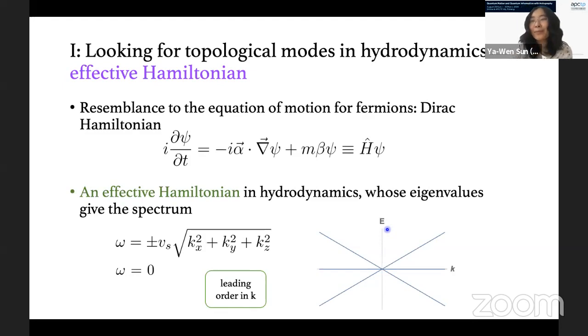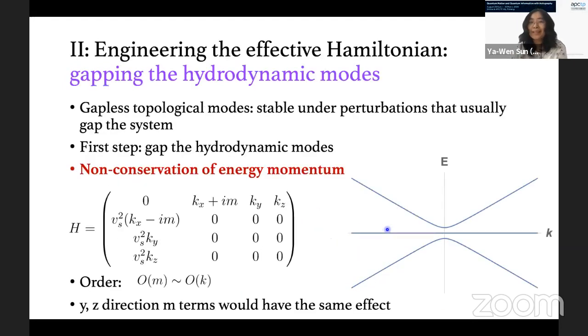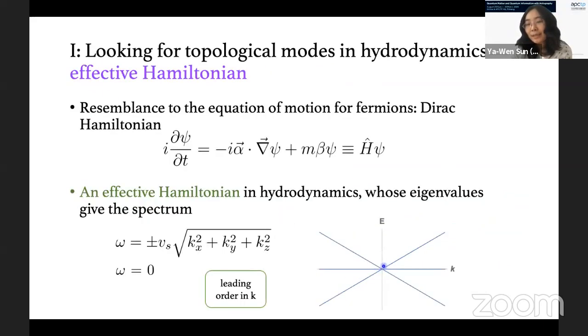So the next thing we want to do is to modify it to try to find the topologically non-trivial states of matter. As I mentioned for the Weyl semimetal case, the first thing we need to do is to gap these nodes to make this gapped. And then we need to separate this node into two or more nodes and prove that they will not be gapped by the mass term that we introduced.